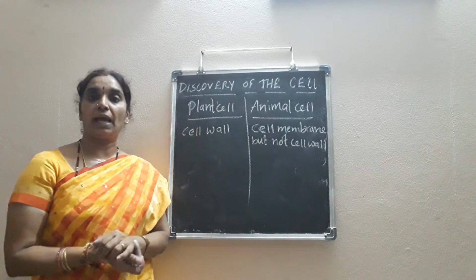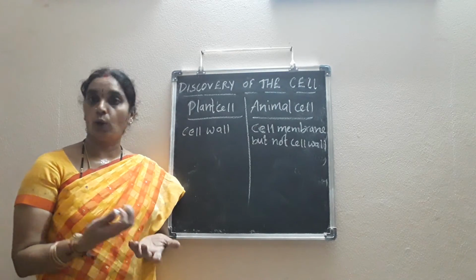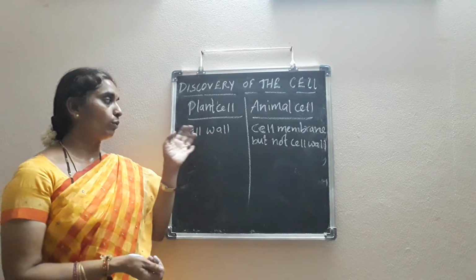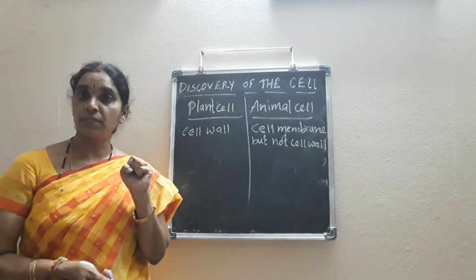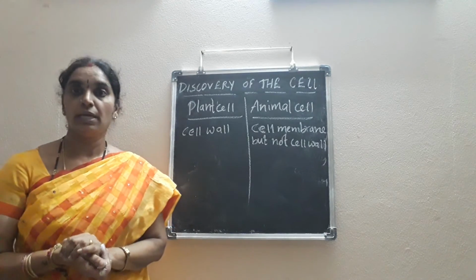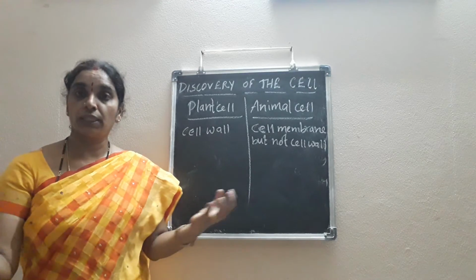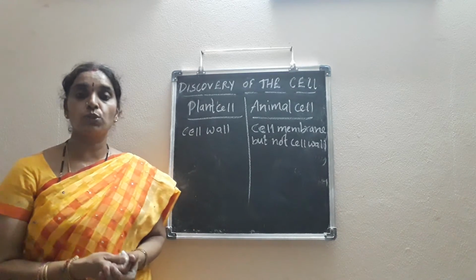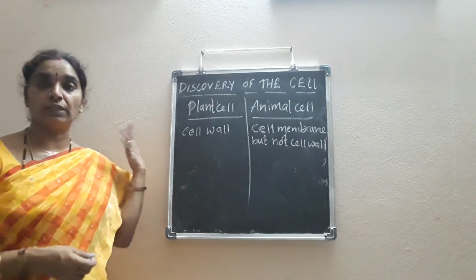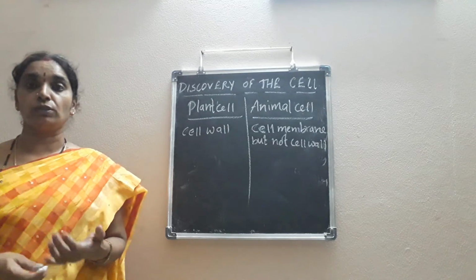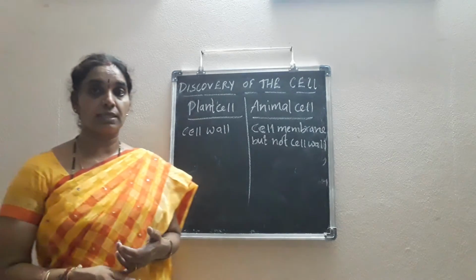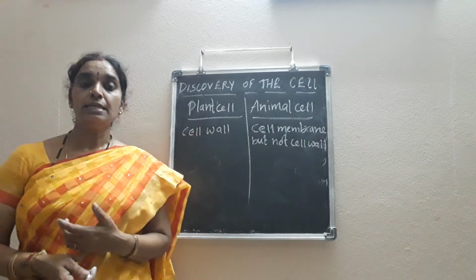But in plants, they cannot move, they are non-motile, isn't it? So the cell wall helps the plant to be rigid and protects it against the external water that enters into it. I already told you that it helps for the growth of the plant and preparation of the food through the process of photosynthesis by taking in the sunlight.